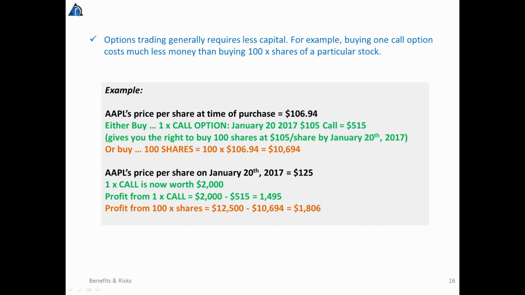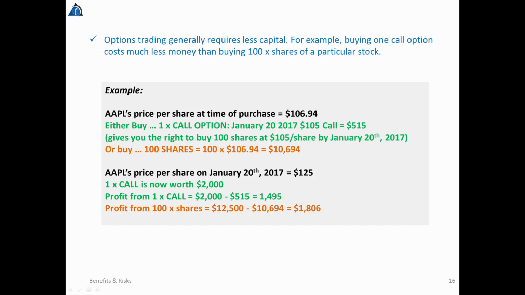The alternative would be to buy the shares outright. I can buy 100 shares and pay a total of $10,694. So it's either buy a call for $515, giving me control over 100 shares between now and January 20th, 2017, or just simply go out to the market and buy the shares.